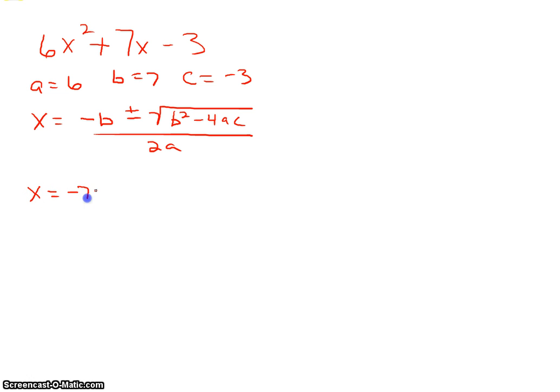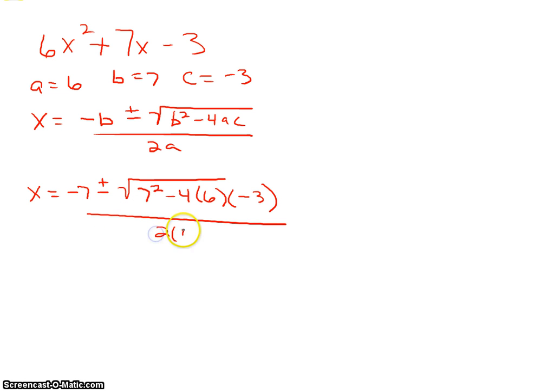X is equal to negative 7 plus or minus the square root of 7 squared minus 4 times 6 times a negative 3. Now, I already did the math on this. Let's do our 2a, 2 times 6. So if it looks like I'm a genius, it's because I already worked it out ahead of time before I put it on the video.